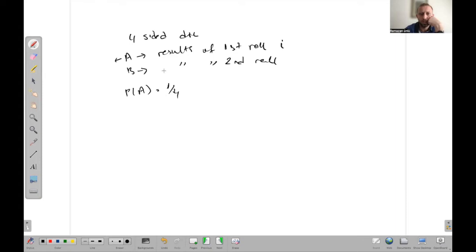We have 4 different values, and the same for the probability of B, which will be 1 over 4.